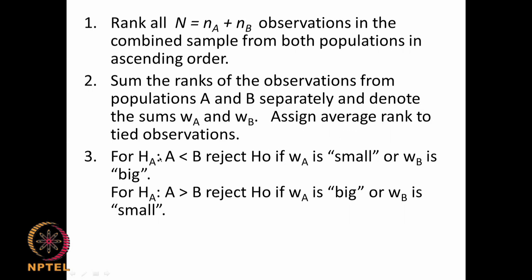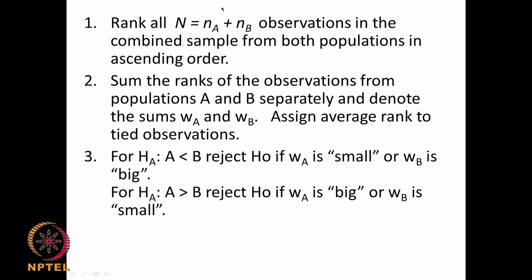So, the alternate hypothesis is A less than B, reject H0 if WA is smaller than WB. So, it is exactly like that. If WA rank is smaller than WB, then A less than B, that is the alternate hypothesis, and if WA is bigger than WB, then alternate will be A greater than B, and of course the null hypothesis will be A equal to B. So, you understand.